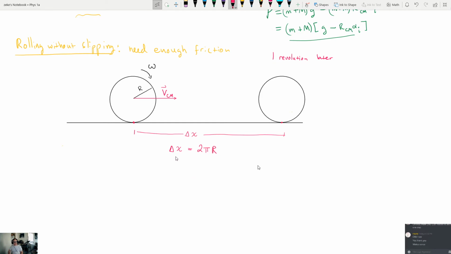Does that make sense? Is that consistent with the phrase rolling without slipping, that it should roll through exactly one circumference in one revolution? Can you all see that connection?